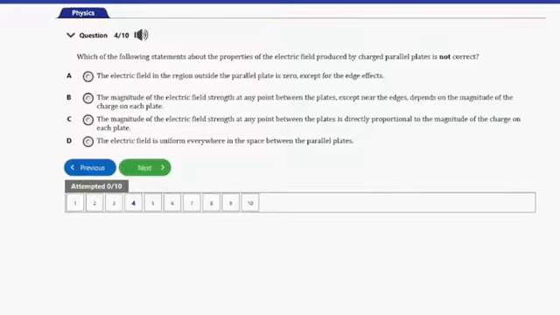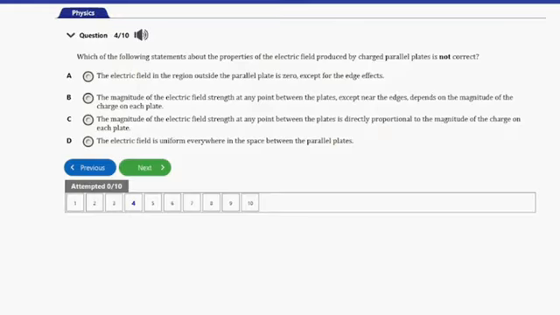C, the magnitude of the electric field strength at any point between the plates is directly proportional to the magnitude of the charge on each plate. D, the electric field is uniform everywhere in the space between the parallel plates.